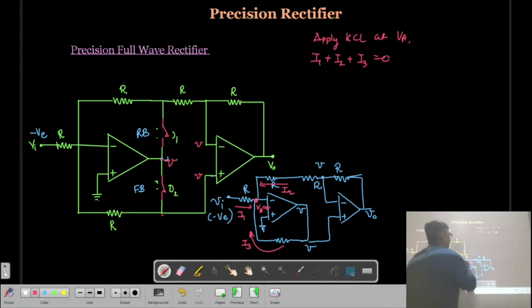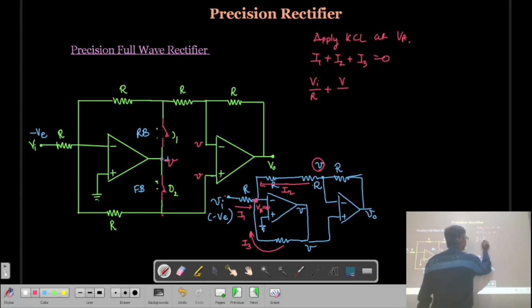Now what is I1? I1 is Vi minus Va divided by R. So that is Vi by R plus I2. Here you can see that I2 is coming through this resistance plus this resistance. And what is the potential difference? That potential difference is V minus 0. So V and the resistance will be 2R.